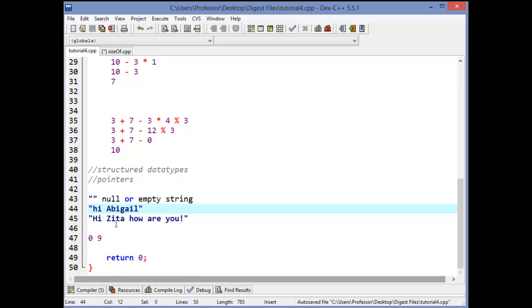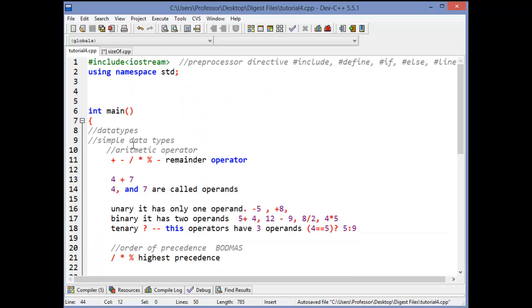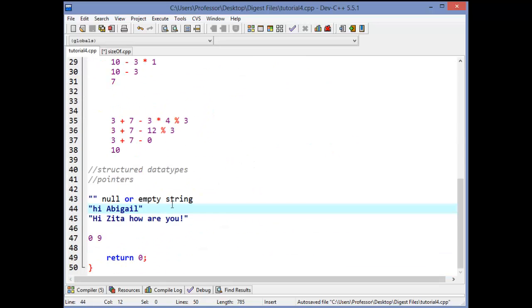So these are some of the things that you are to take note of. I will discuss thoroughly how to use the string data type, but this is something that you have to know quickly: a string is a sequence of 0 or more characters. 0 or more what? Characters. So there can be no character, but make sure your double quote is there, or there can be characters inside what?